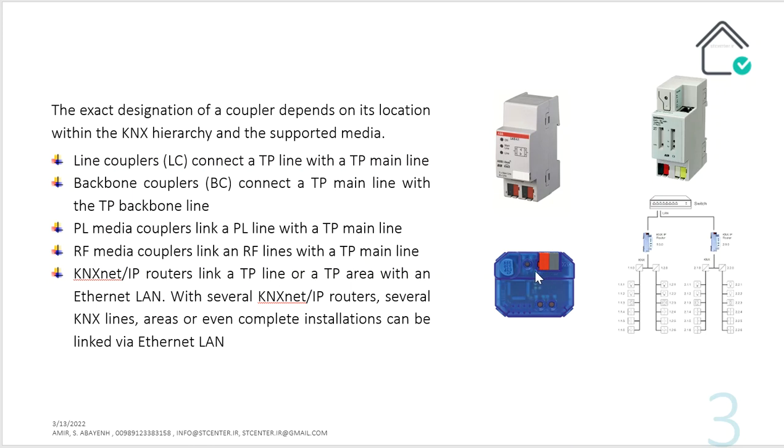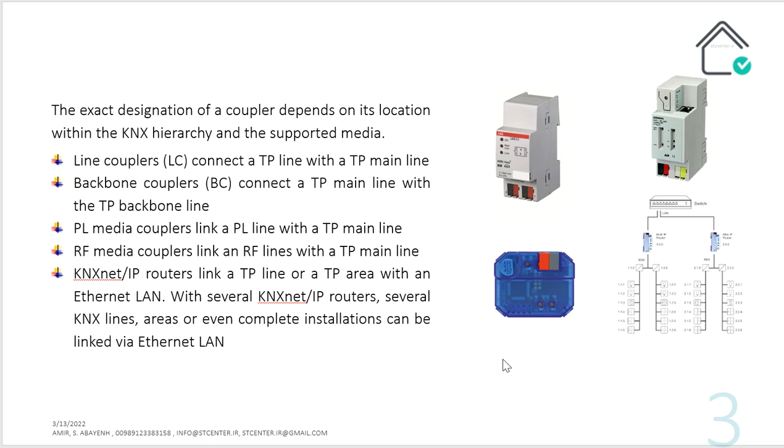This couples the twisted pair line to the RF, or radio frequency, wireless type of KNX line, okay? If you want to connect wireless devices of KNX to the KNX twisted pair, you should use a coupler between these two.